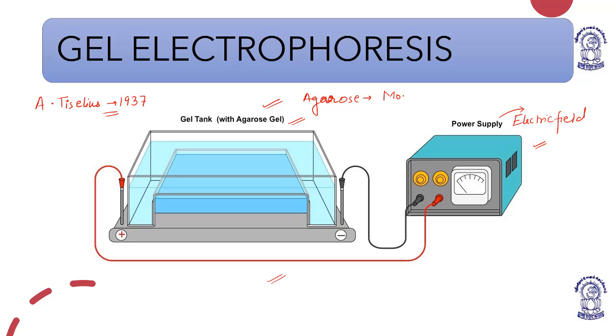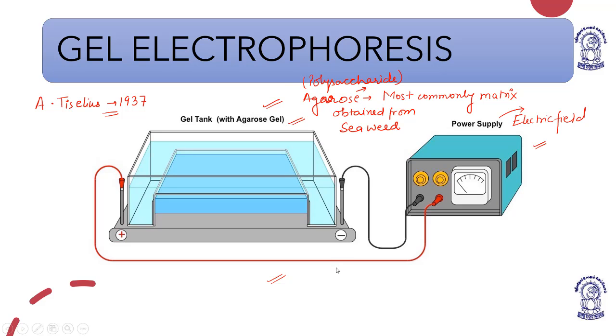It is obtained from seaweed, and most importantly, agarose is a polysaccharide. Okay, so now we will look into the technique.